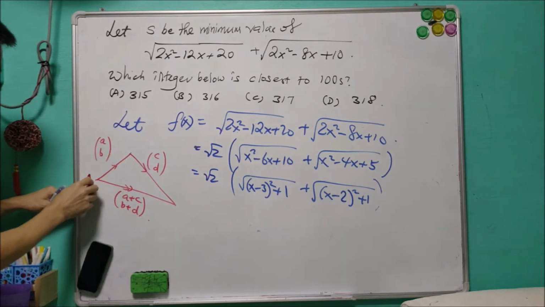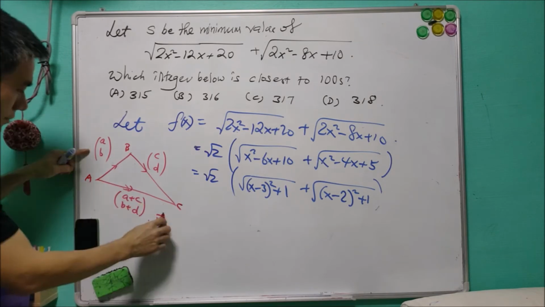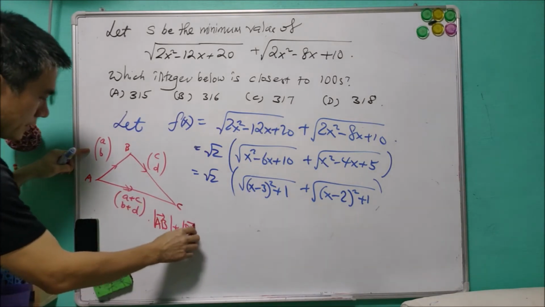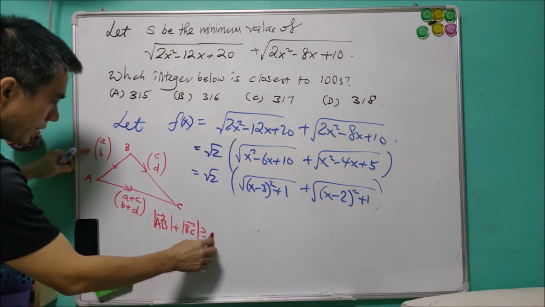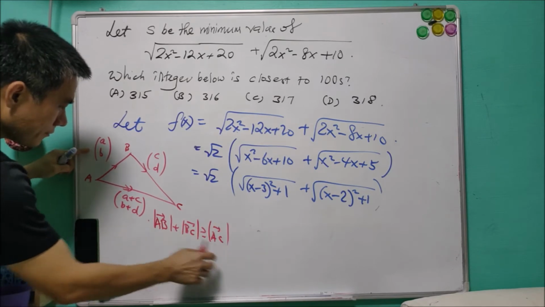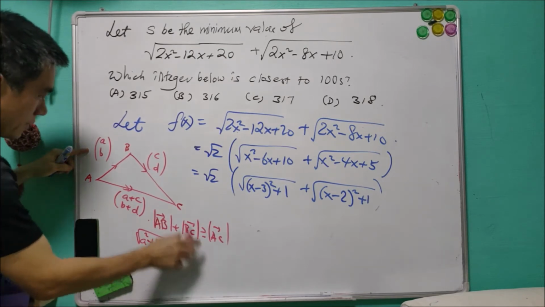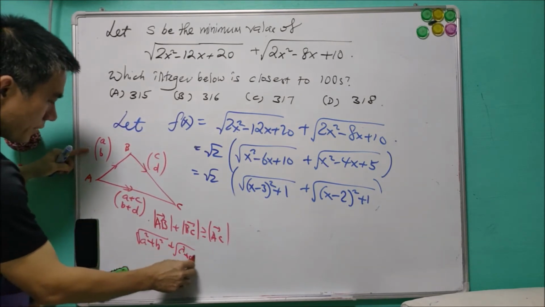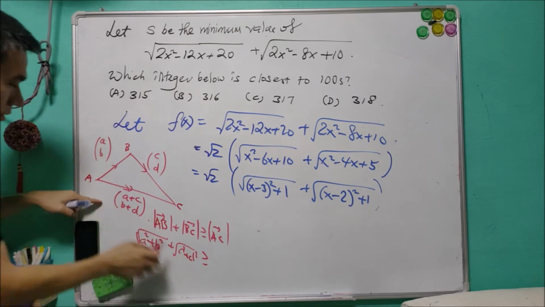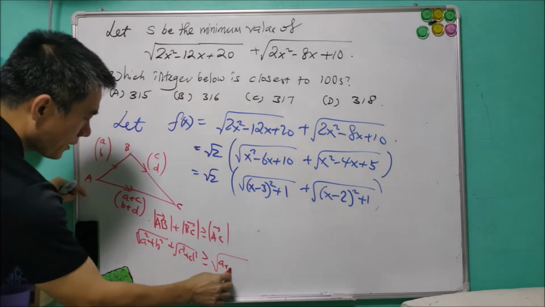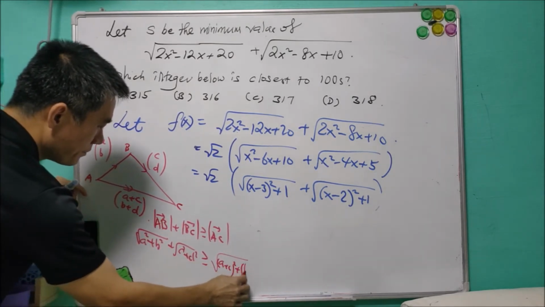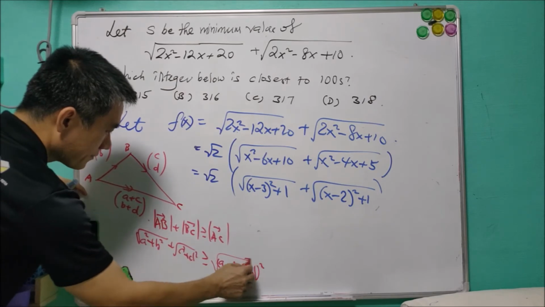Let's call this ABC. AB plus BC will be greater than or equal to AC. AB is the square root of a squared plus b squared, and BC is the square root of c squared plus d squared. And it will be greater than or equal to the square root of (a plus c) squared plus (b plus d) squared.